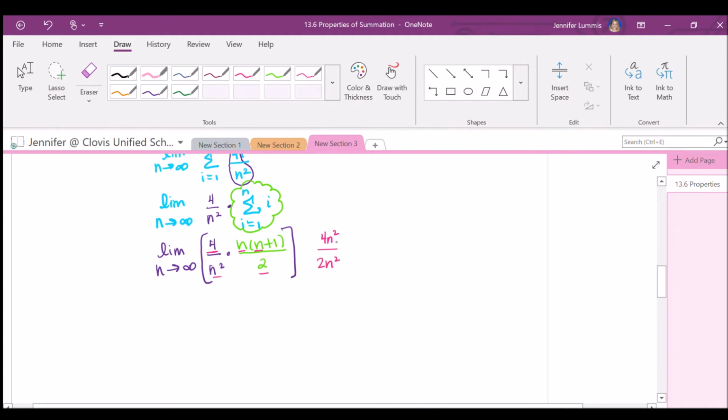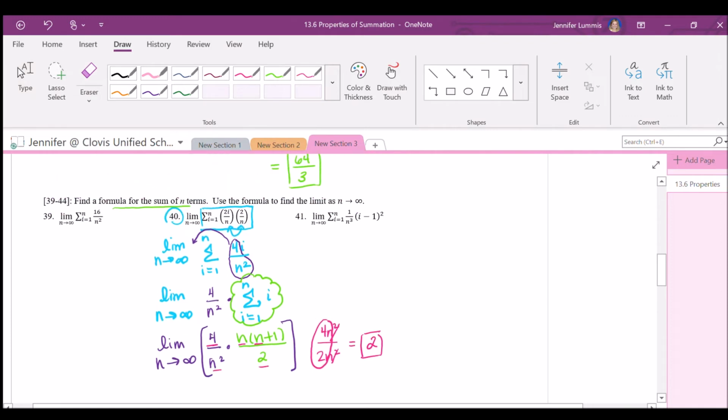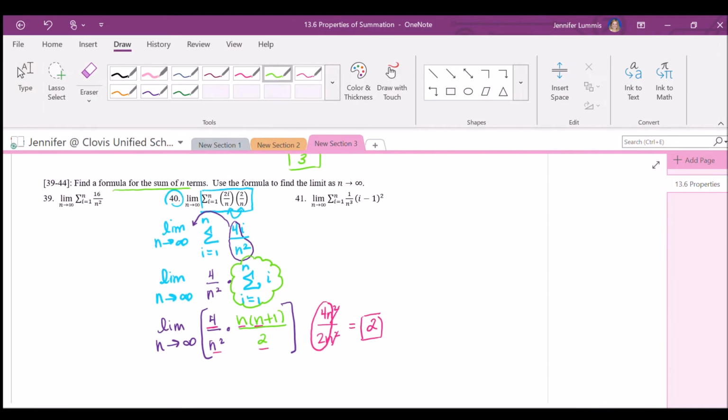So once again, with the same leading coefficients, my answer for the limit is the ratio of those leading coefficients. 4 over 2 is 2. And that's our answer there. Okay, so we did the two things it asked. We found the formula for the sum of the n terms, and that was this stuff inside. And then we used that formula to find the limit, and that was what we did here at the end.